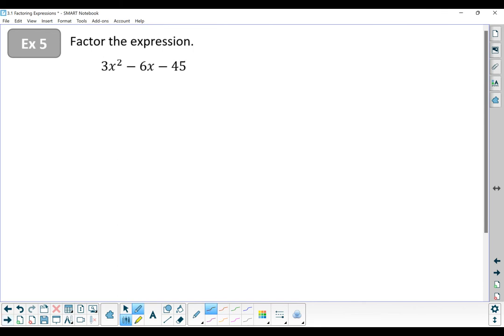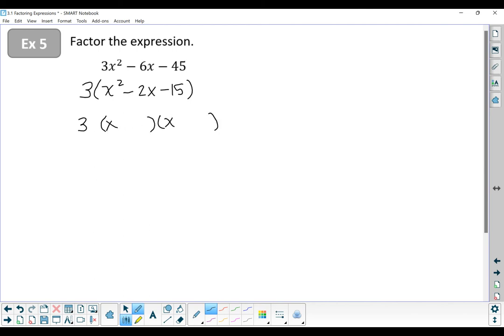Okay, let's try, we're going to do 2 more of those, and then we'll be done. So 3x squared minus 6x minus 45. I want to think about what do those all have in common, and they all have a 3 in common. So my 3 terms, once I factor that 3 out, are going to be x squared minus 2x minus 15. I've got a trinomial here, so I'm going to try to factor it into 2 factors.